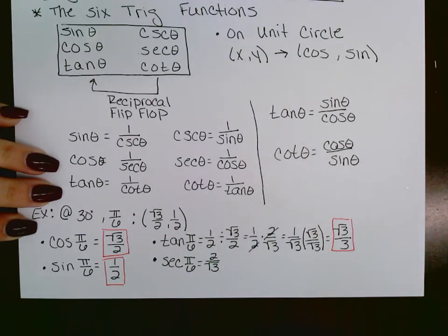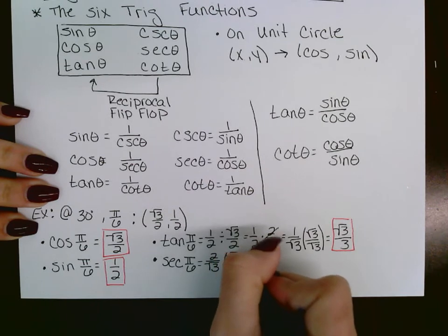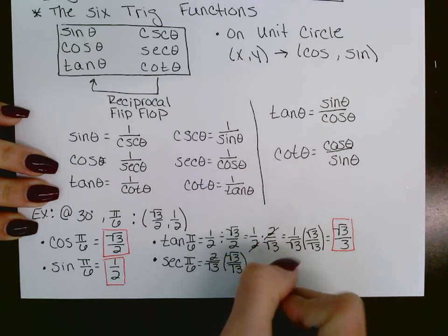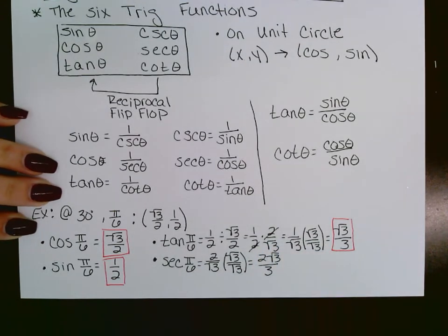All right, I get 2 over radical 3 and I have a radical in the denominator. So I do have to rationalize again. Multiply by radical 3 over radical 3. And my answer is 2 radical 3 over 3.